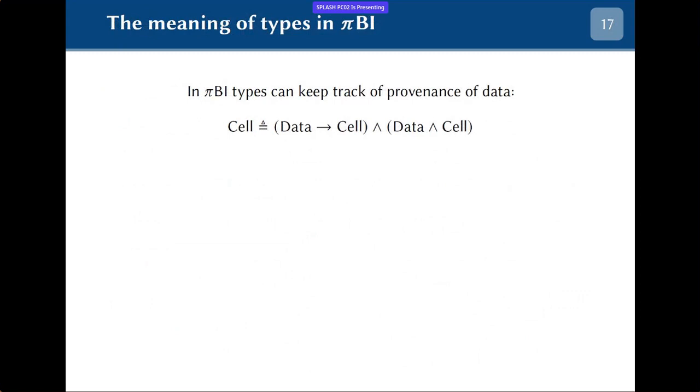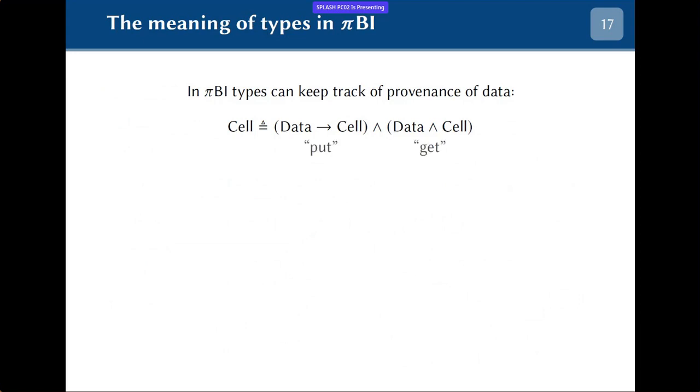What is the meaning of the types we get from this overlaying of the additives and the multiplicatives? I want to convey the basic idea through a simple example. So what we find is that PiBI has types that can keep track of provenance of data. So let's have a simple example of a memory cell implemented as a protocol, right?